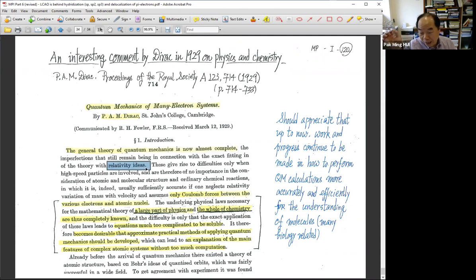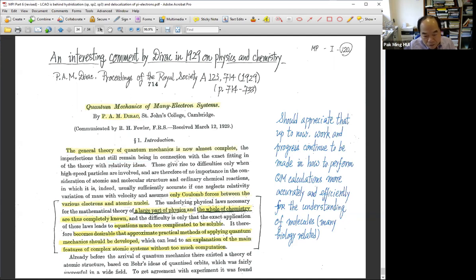So he sees one problem, maybe how this Schrödinger style theory goes in line with relativity, but he already contributed to it. He wrote down the Dirac equation.